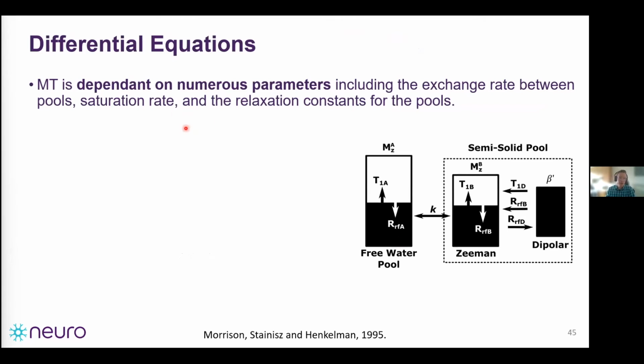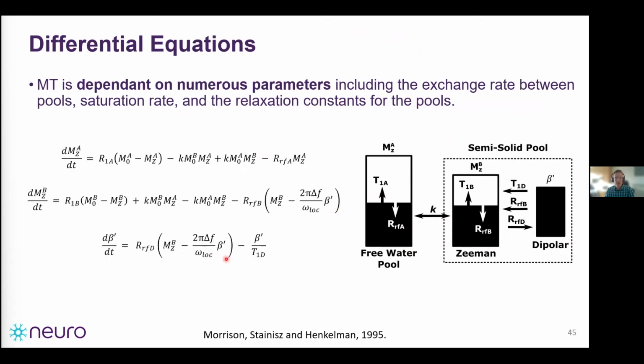To take advantage of this, we know that MT is dependent on numerous parameters, including the exchange rate between the pools. On the far left, we have the free water pool and then the semi-solid pool on the right. So we have exchange between pools, relaxation rates, or relaxation times defined by these T1 values, and then saturation rates, which are these R values.